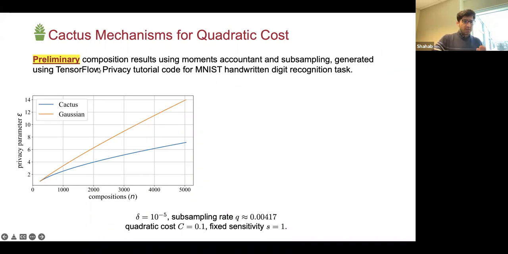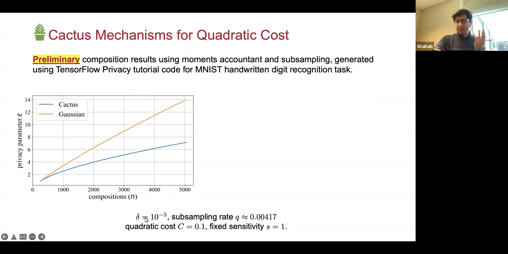We are using TensorFlow Privacy: we go to TensorFlow Privacy, get the moments accountant part, and use it to generate this plot. The x-axis is the number of compositions, and the y-axis is the privacy parameter epsilon.